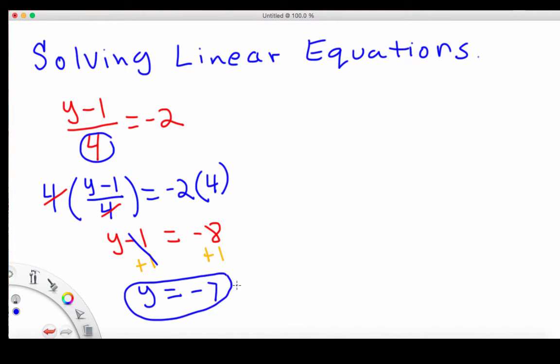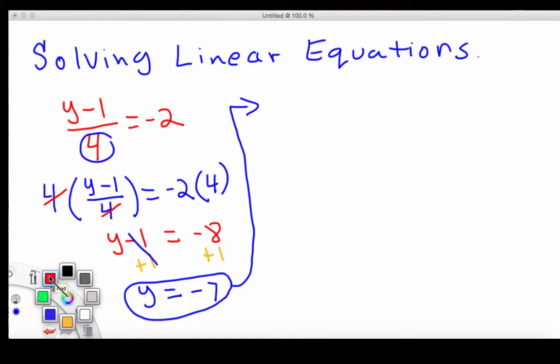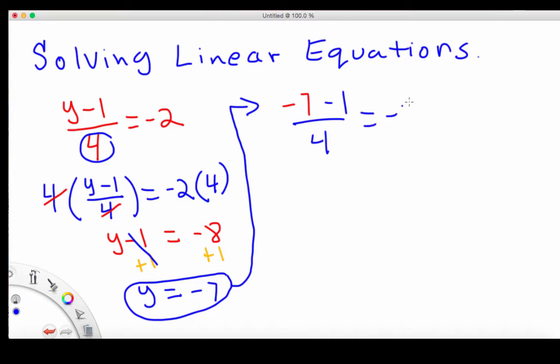But I need to double check. I need to put that -7 back into y to see if both sides are equal and to see if it's a solution or not. So our y is -7. -7 minus 1 over 4 equals -2. Now, -7 and -1, rules of integers: you add them.